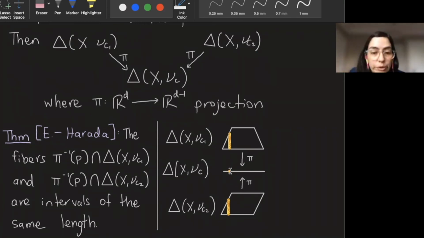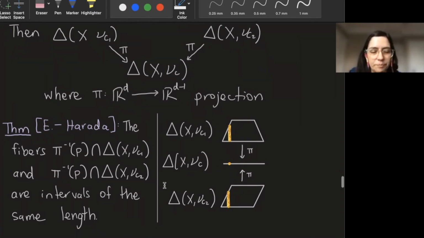And I pick a point in the Newton-Okounkov polytope. Then the fibers are these two intervals, and they're going to be of the same length. The fact that they're intervals is clear from this whole setup, but the fact that they're the same length is surprising.